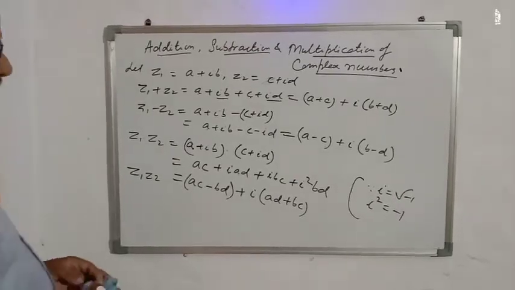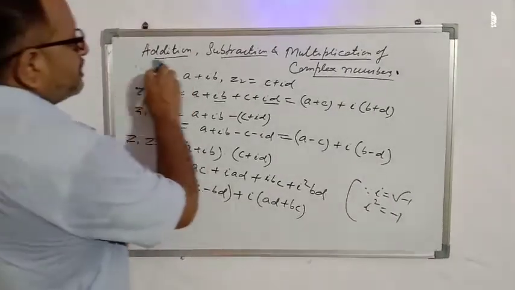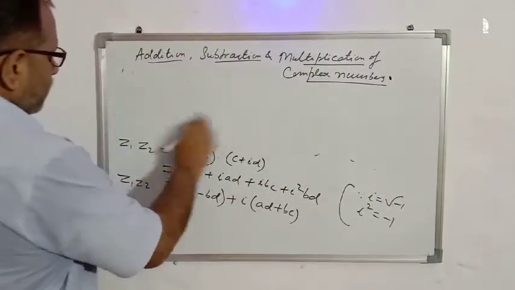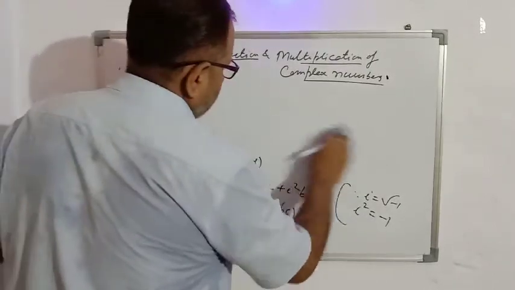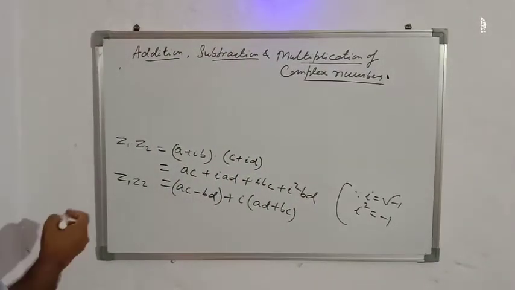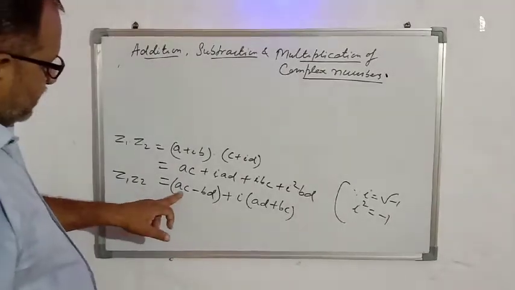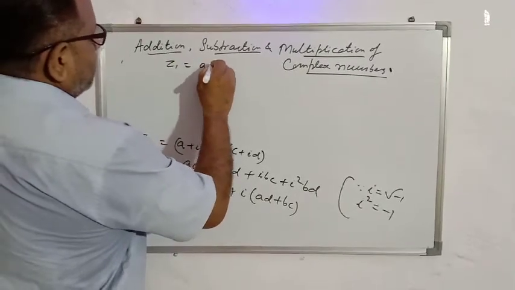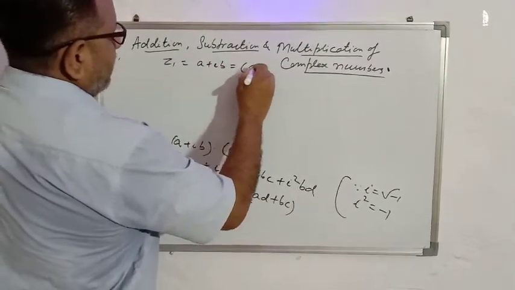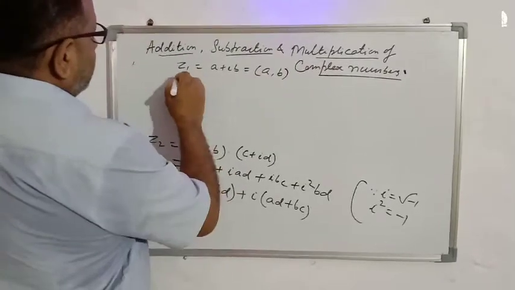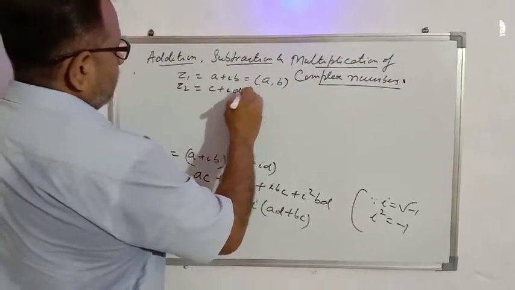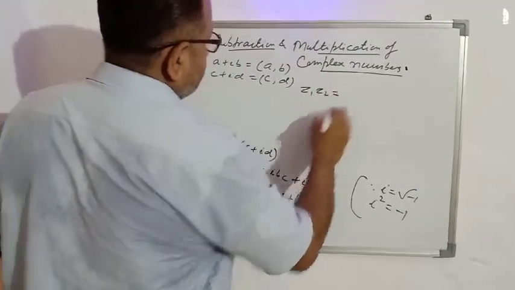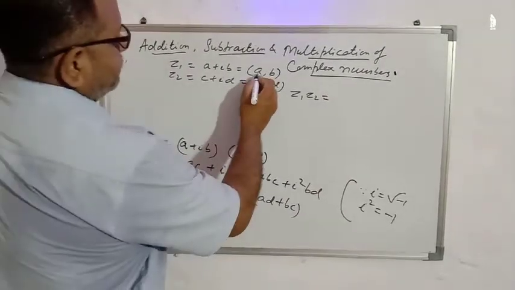Let us see one example. So z1 into z2 is ac minus bd, i, ad plus bc. What was z1? a plus ib. We can write it in ordered pair ab. z2, c plus id, so cd. And what is the product? The product is ac minus bd.